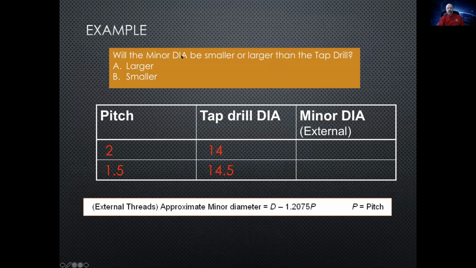Okay, will the minor diameter be smaller or larger than the tap drill? Any ideas? So here's my tap drill. What do you think my minor diameter is going to be for the external thread? It's going to be bigger or smaller? Let's see.